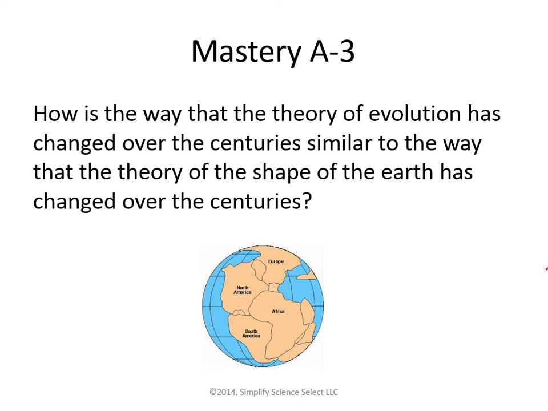Over time, as we've learned more, we have adapted our theory on what the shape of the Earth is. That didn't mean that we threw out all the information we had before. We just added more details to it, and we were able to make our theory better. The old one worked pretty well, but that didn't mean it was perfect. It has room for improvement.